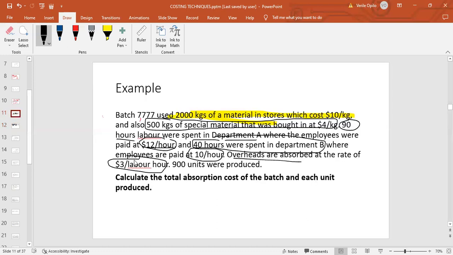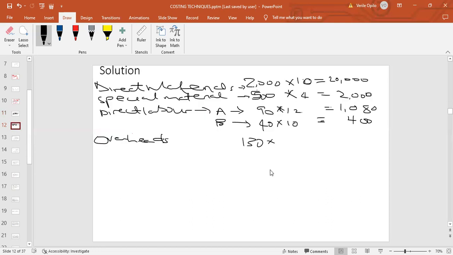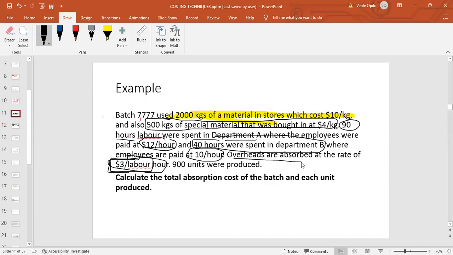Each labor hour is absorbing a total of $3, so we multiply 130 by 3. That should give us a total of 390. I believe there is no other cost that we haven't factored in.